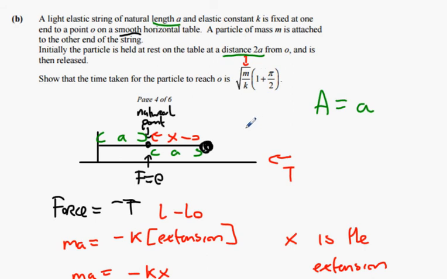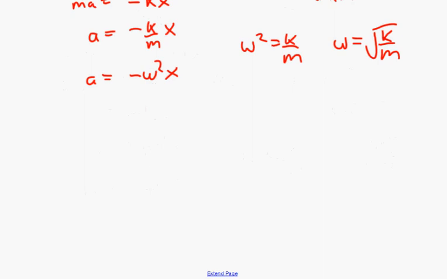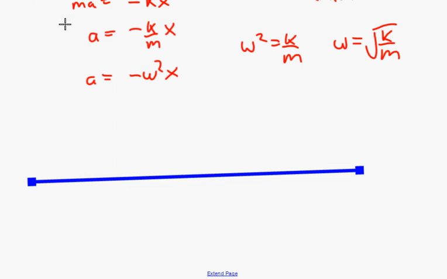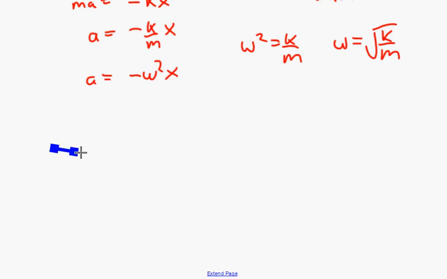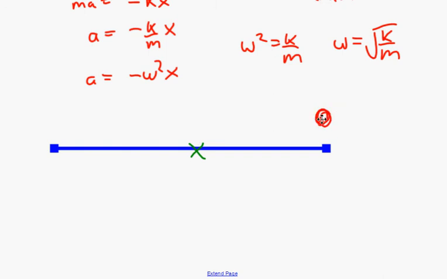So what happens with simple harmonic motion is we're going to do two things. We're going to have a simple harmonic motion system set up like this with a central part here, and here's our particle 2a away. Usually to complete a full oscillation, it'll go all the way out here and all the way back. Would everybody agree with that? That's the period of the motion. We're only going to cover here to here, which is 1/4 of the period.